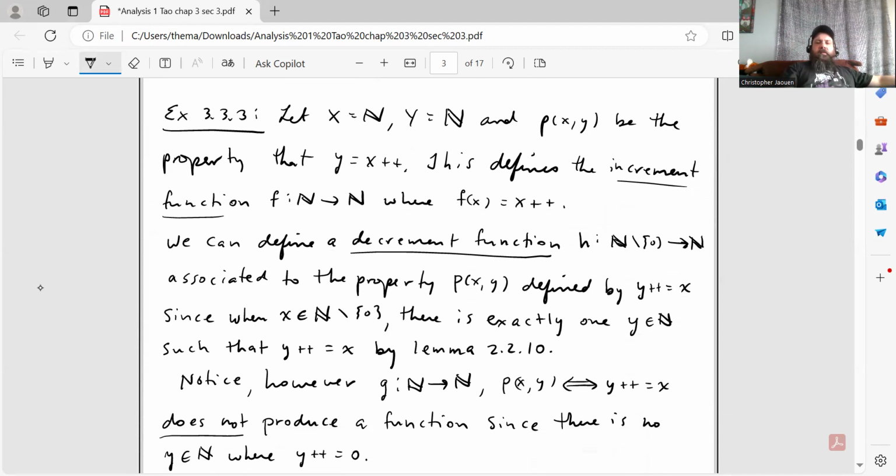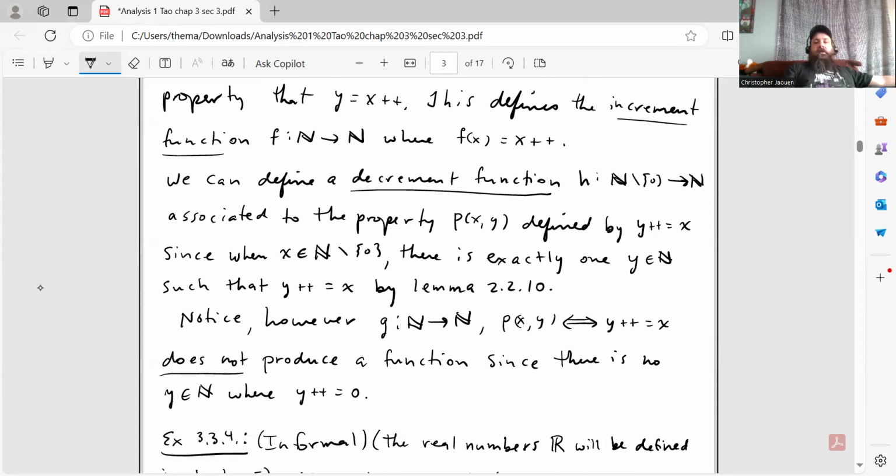Let X be the natural numbers, Y the natural numbers, and P(x,y) be the property that y is the successor of x. This defines the increment function that we talked about in chapter 2, f from N to N, where f(x) is the successor of x. We can define a decrement function, h, from the natural numbers minus {0}, that's set difference, by the way, to N, associated to the property P(x,y) defined by y++ equals x.